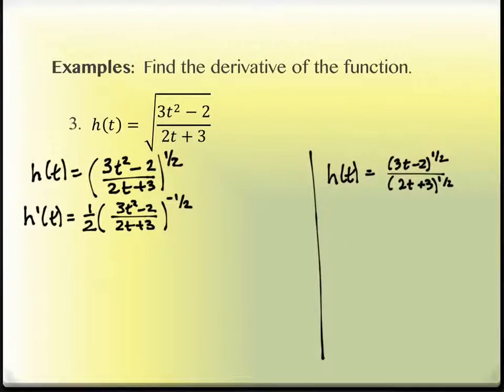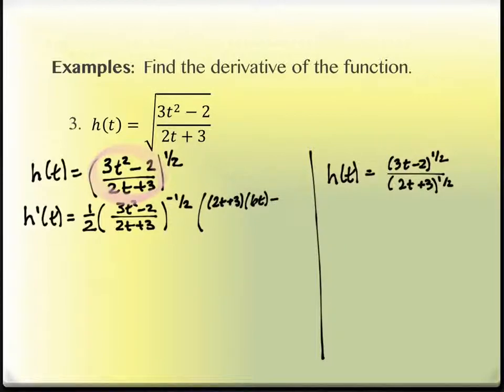All right, now I need the derivative of the inside, which is a quotient. So at this point, I'm taking the derivative of all of this piece. Quotient rule says I rewrite the denominator, so that's 2t plus 3, and I multiply it by the derivative of the numerator. So what's the derivative of this numerator? 6t, that's right.